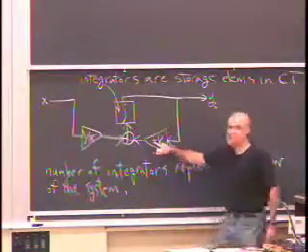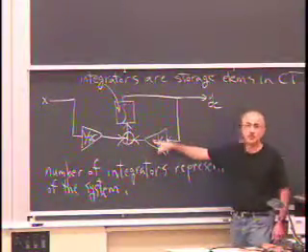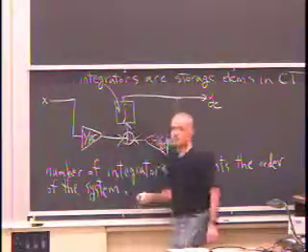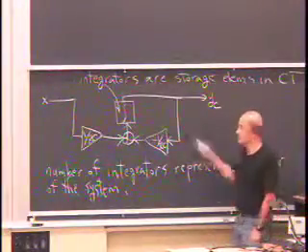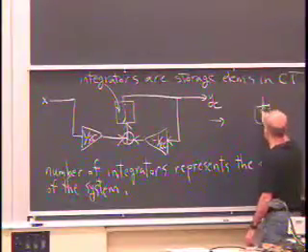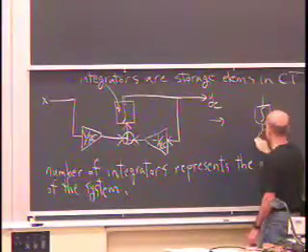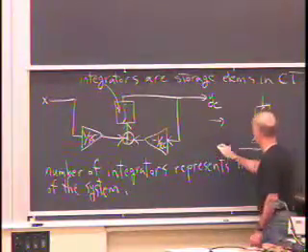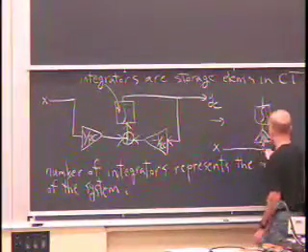Now, if I didn't have this minus 1, I would have easily merged these two together, the 1 over RCs. So you can actually redraw this to make it look cleaner. So you have 1 over RC. X goes in here.